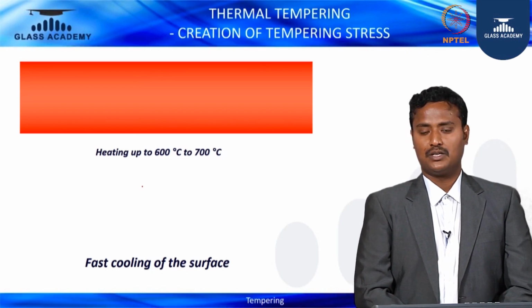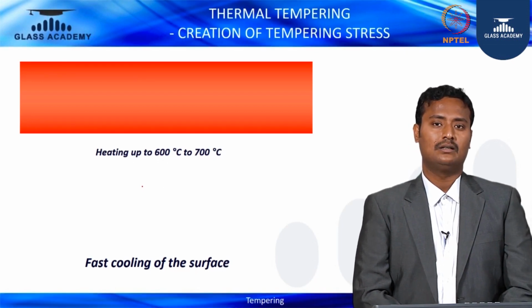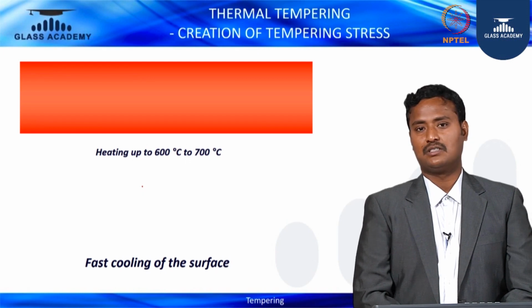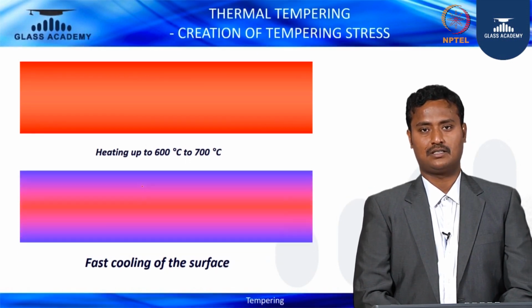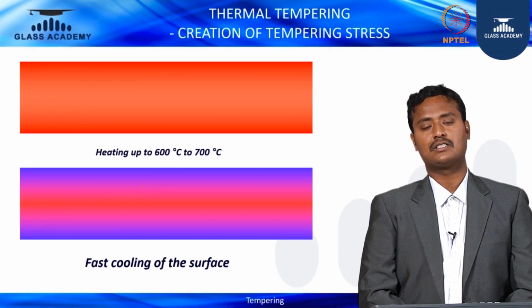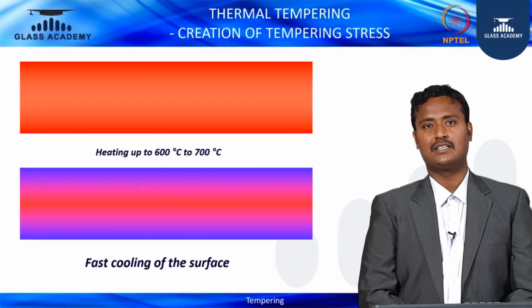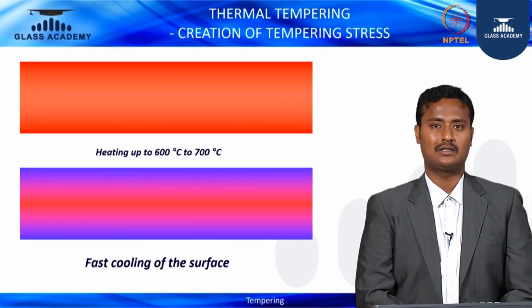If you want to make tempered glass, you have to do rapid cooling, which means fast cooling on the surfaces. You see the difference between the 2 images. The first image is completely heated up to 700 degrees centigrade, which is obviously a red color.